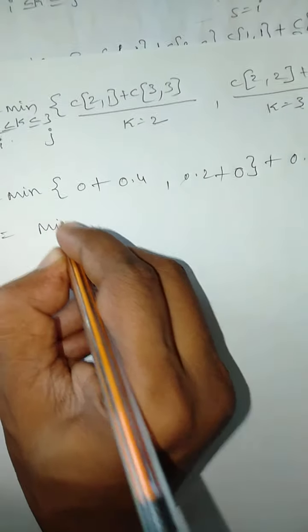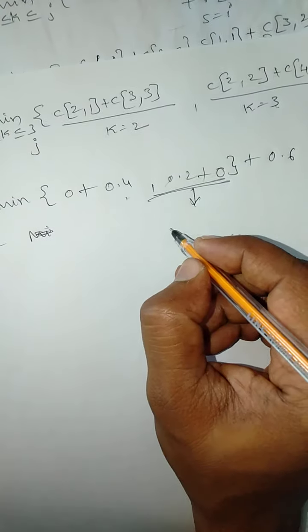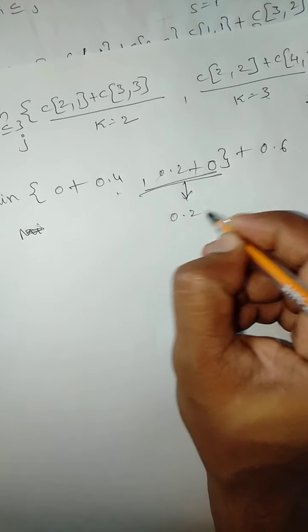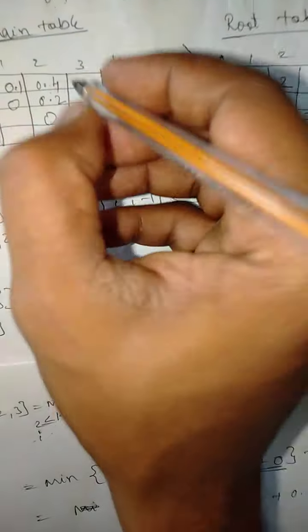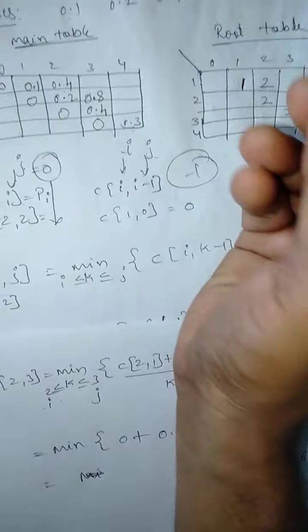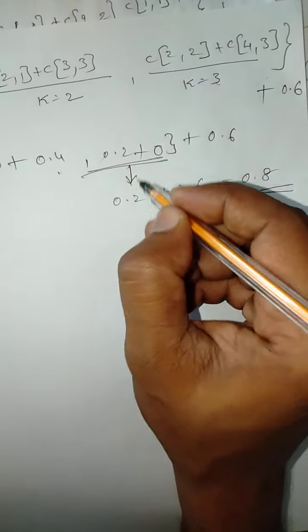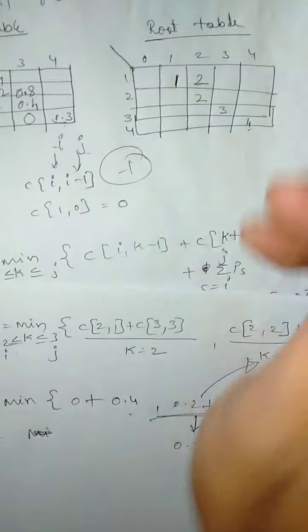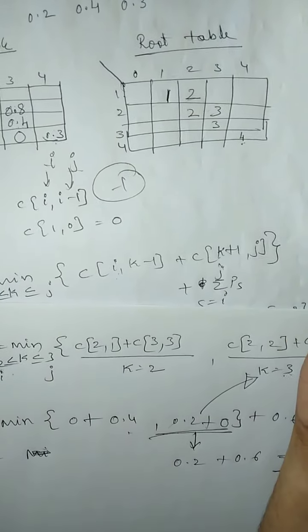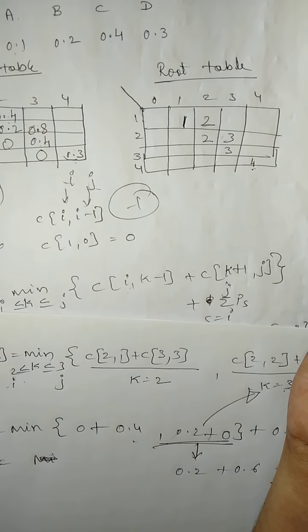So it is minimum of 0.4 and 0.2, so it is 0.2 plus 0.6, it is 0.8. Therefore you have to fill up 0.8 here, and which k value has given this minimum value? K value 3. Therefore, you have to fill up 3 in the root table.